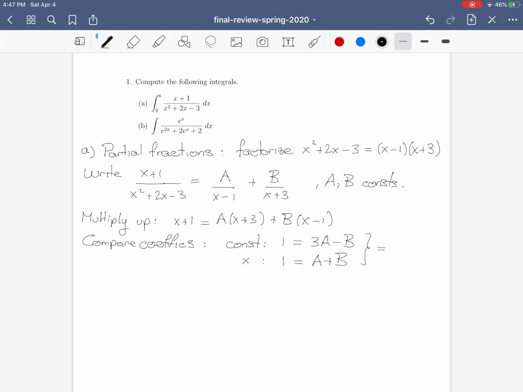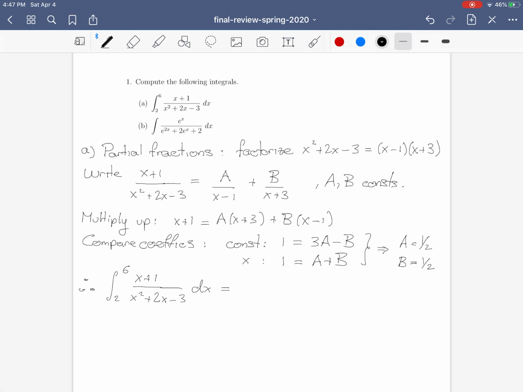And if you solve this system with a couple of steps of algebra, you'll find out that a is equal to 1/2 and b is equal to 1/2. So, therefore, the integral that we're trying to calculate is the integral from 2 to 6 of x plus 1 divided by x squared plus 2x minus 3 dx.